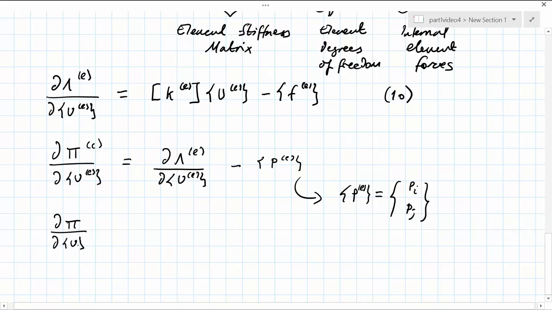So I've dropped the superscript e's to denote this, and that's equal to the system stiffness multiplied by the system degrees of freedom minus the system element forces and the system applied loads. And this is all equal to 0.